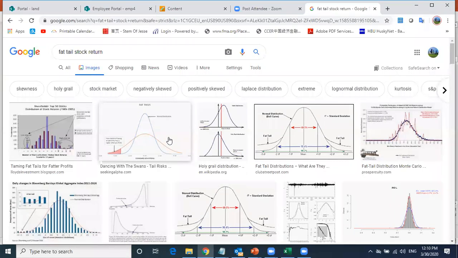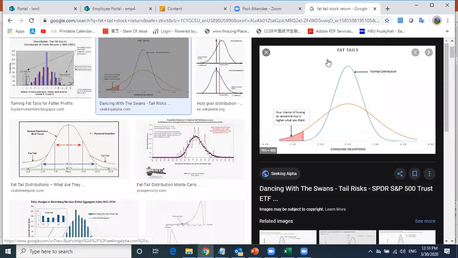Just keep in mind that the blue curve is the typical normal distribution we observe. But with the fat tail, the chance of having an abnormal loss is higher than what you think.